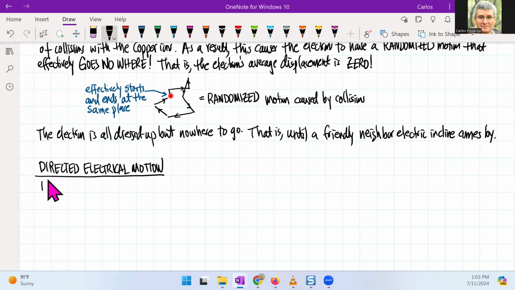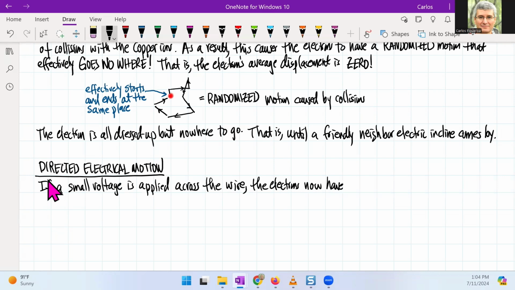So if a small voltage is applied across the wire, the electrons now have directed motion caused by the incline.